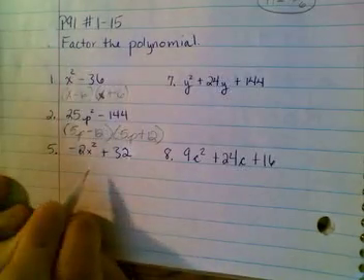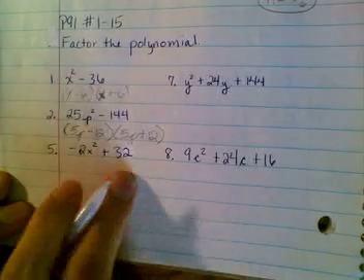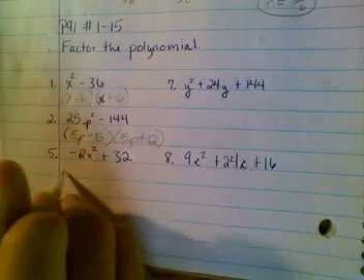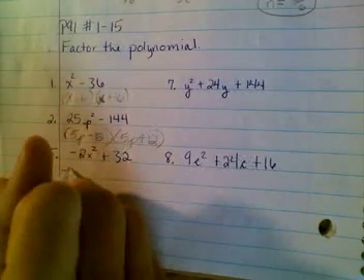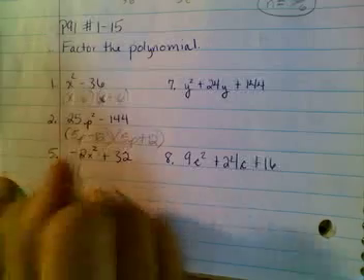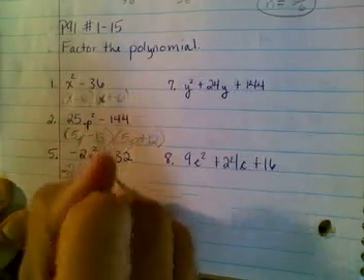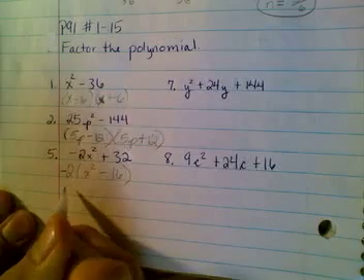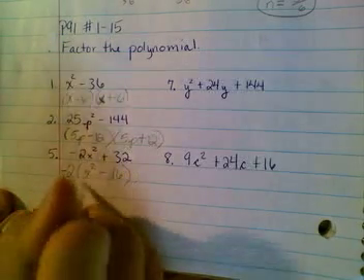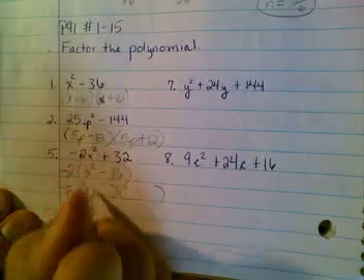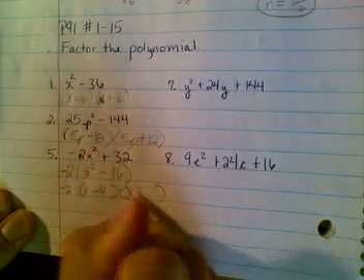There are 2 options here. You can either rewrite this in the opposite direction, or you can factor out a negative 2, and I like to do that. I'm going to factor out a negative 2, and I'm going to end up with x squared minus 16. So I'm going to leave that negative 2 out here, and then I'm going to factor the x squared minus 16 into x minus 4, x plus 4.